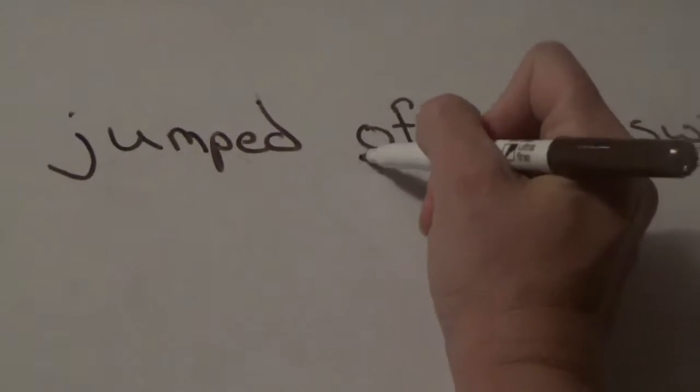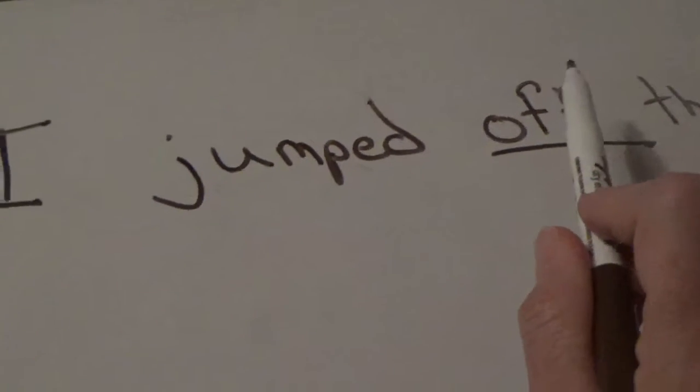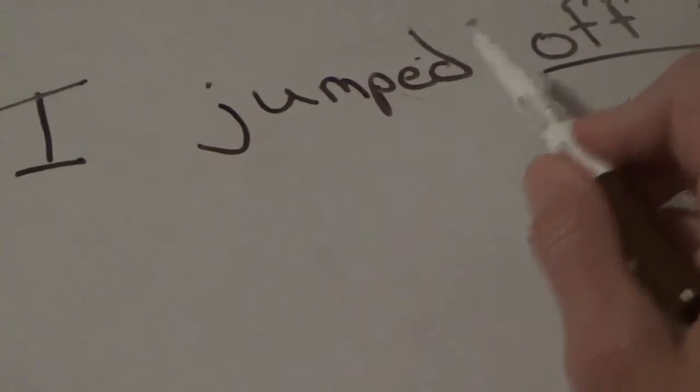The preposition in the sentence I jumped off the swing is off. Off shows the relationship between jumped and swing. Jumped off swing. A preposition shows the relationship between two words in the sentence. I jumped off the swing.